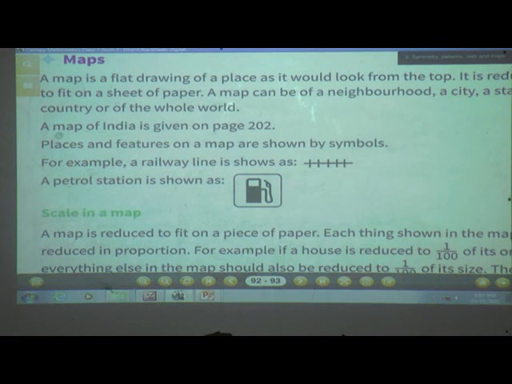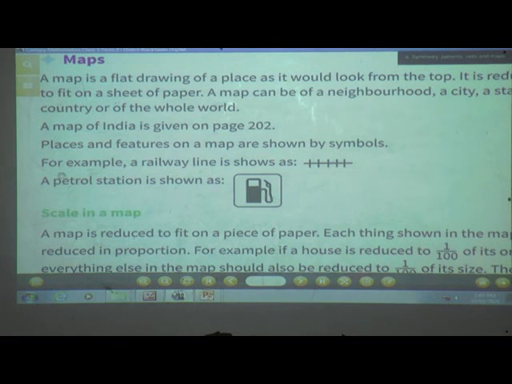Okay. A map of India is given on page number 202. Open page number 202 and you can see the map. Places and features on a map are shown by symbols.